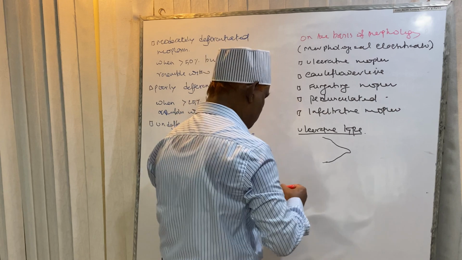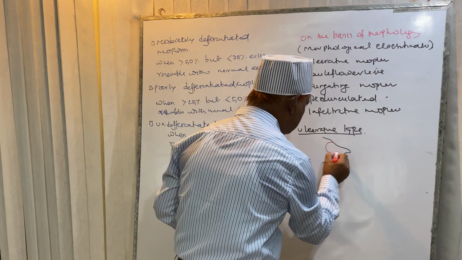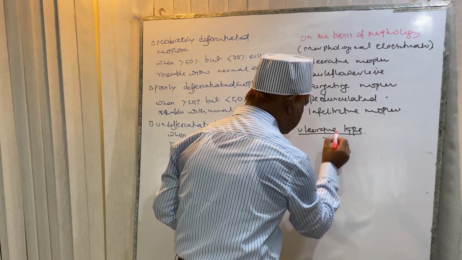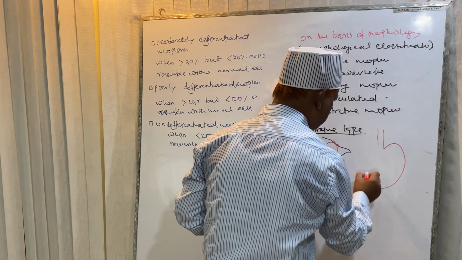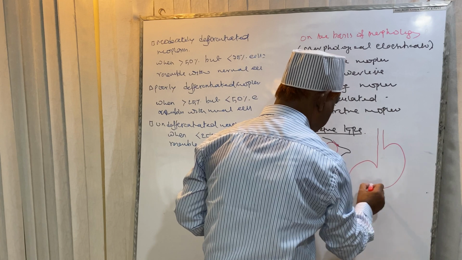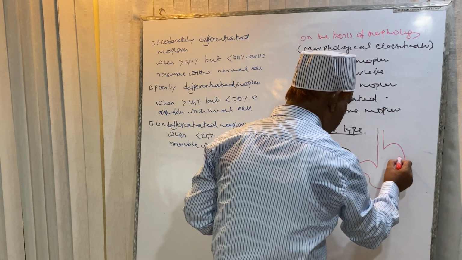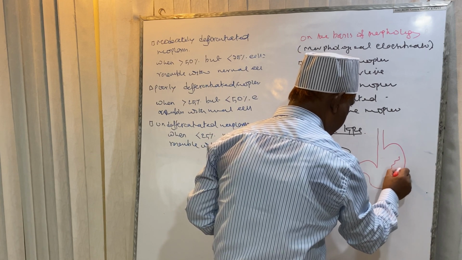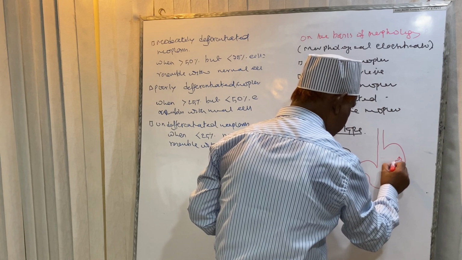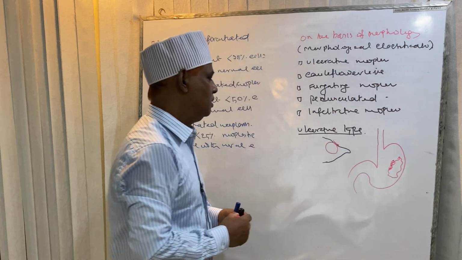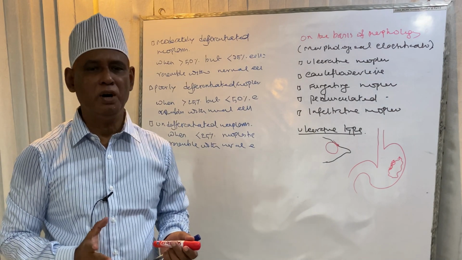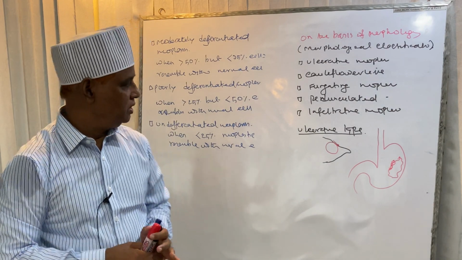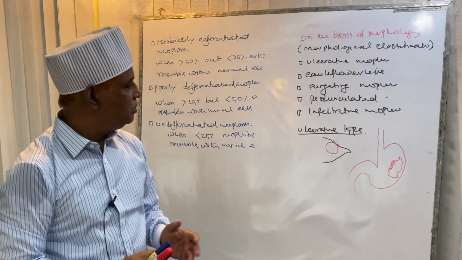Suppose this is breast. If there is a tumor within the breast, we can get ulceration in the skin. Suppose this is a stomach, and if there is a tumor on it, we can get ulceration on the surface. Why does ulceration occur on the tumor surface?